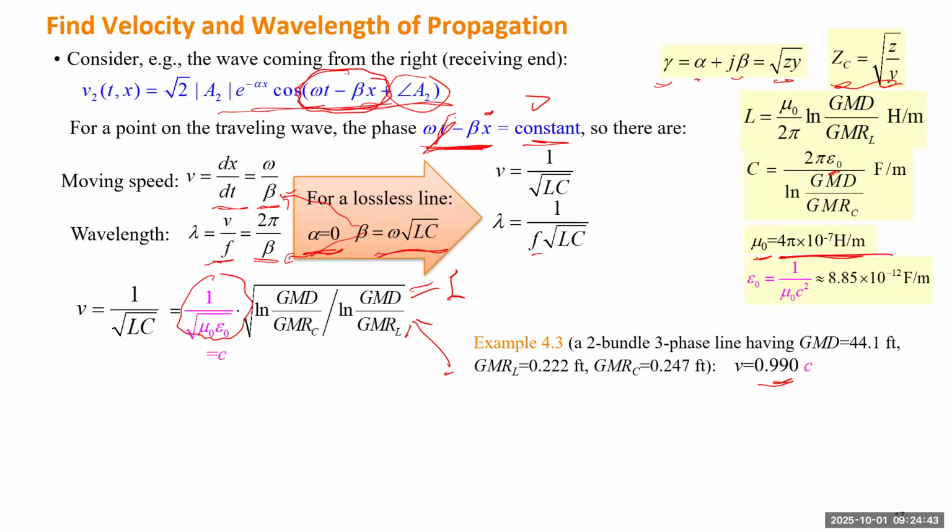That means it's 99% of the speed of light. So if you have an electromagnetic wave moving inside of this transmission line and you measure the speed of the wave, it's 99% of the speed of light.